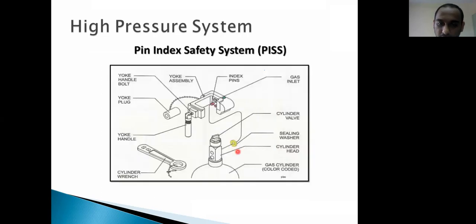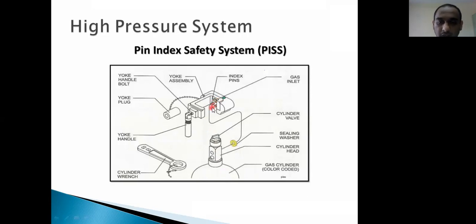So when you try to attach this particular cylinder to the oxygen cylinder yoke assembly, the holes correspond to these index pins and they fit perfectly, such that the gas inlet then receives the gases from the cylinder.